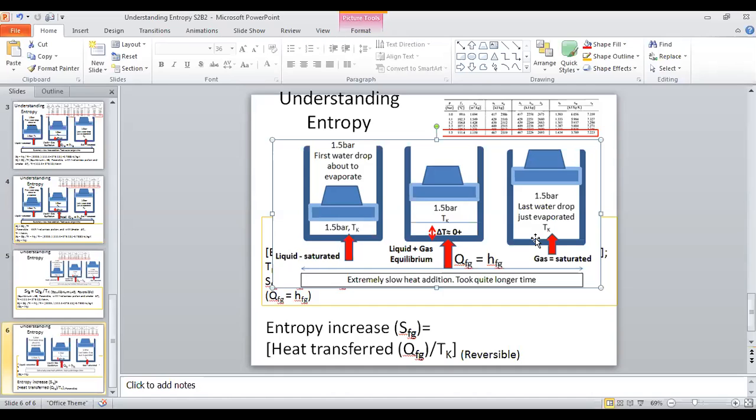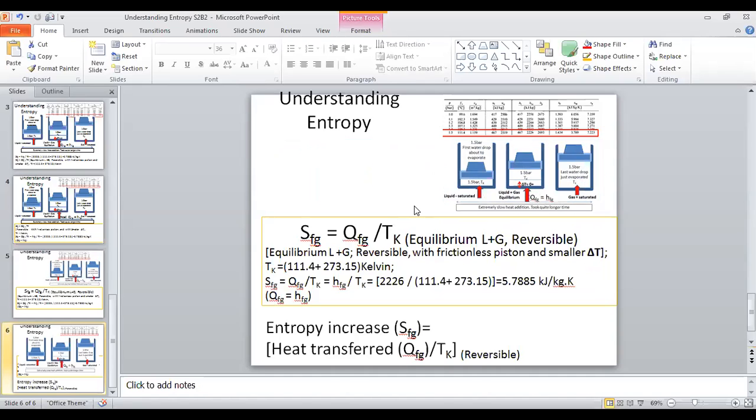If there is friction, we have issues, because it won't reverse back to the same.